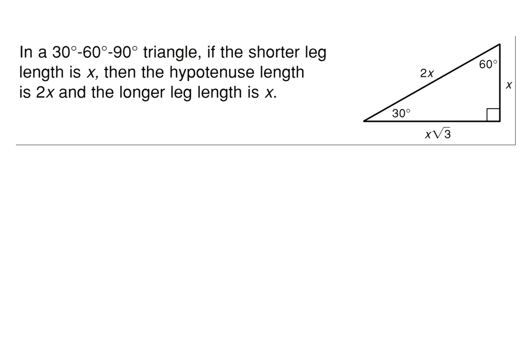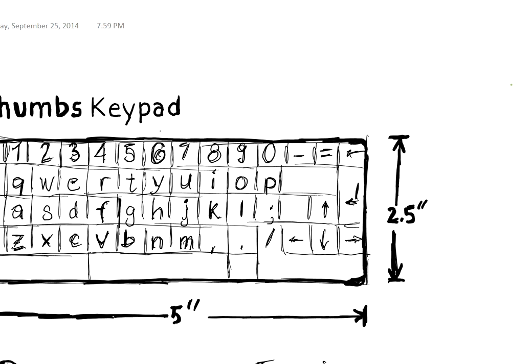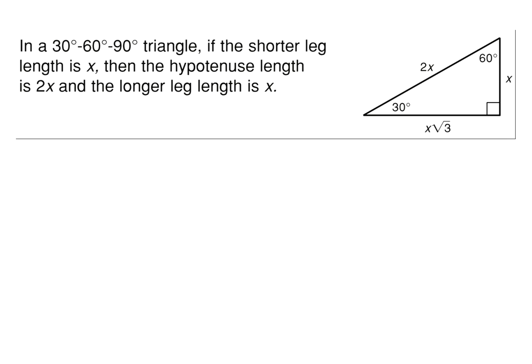In a 30, 60, 90 triangle, if the shorter leg is x units long, then the hypotenuse would be twice that, it would be 2x, and the longer leg is not x. The longer leg is x times the square root of 3.